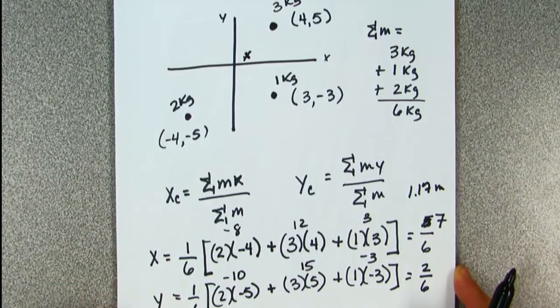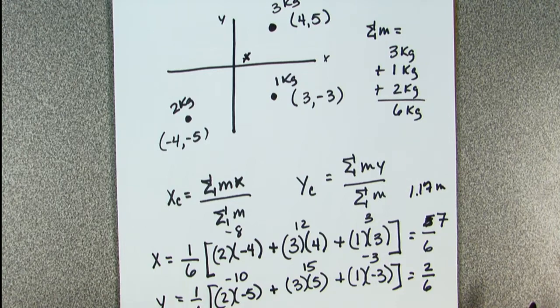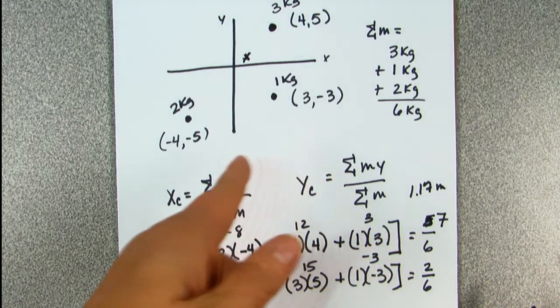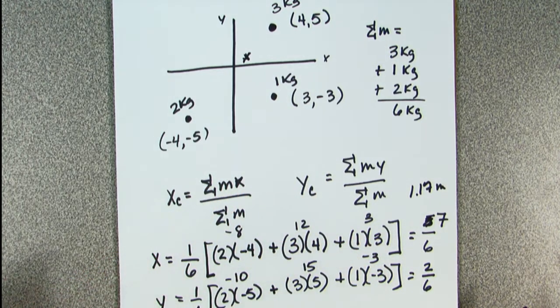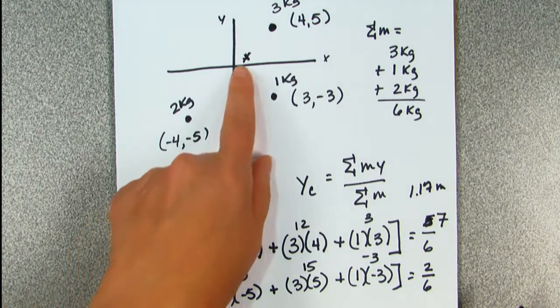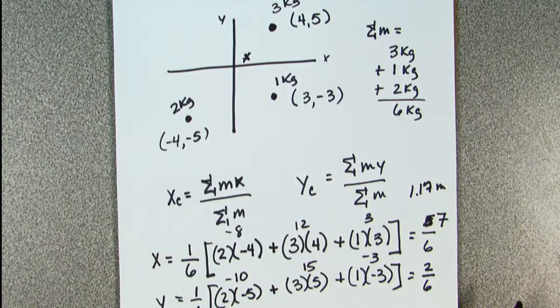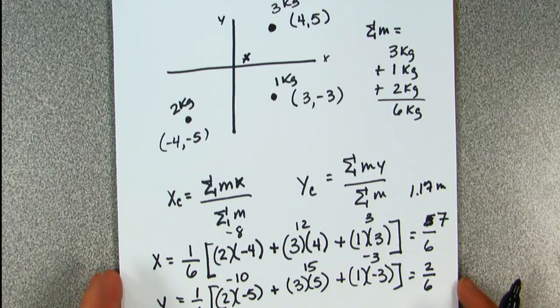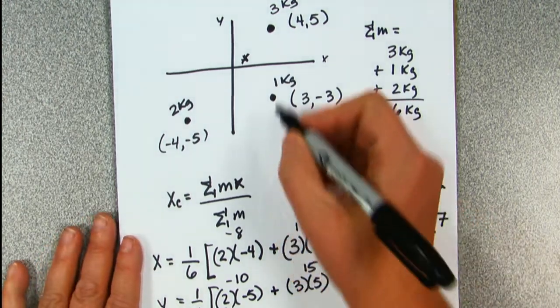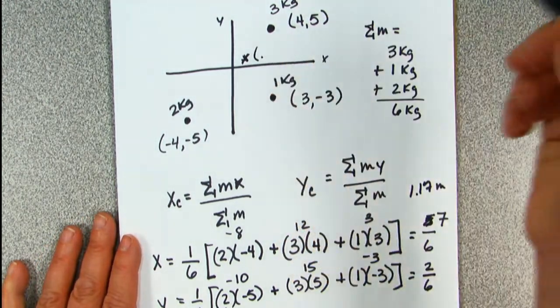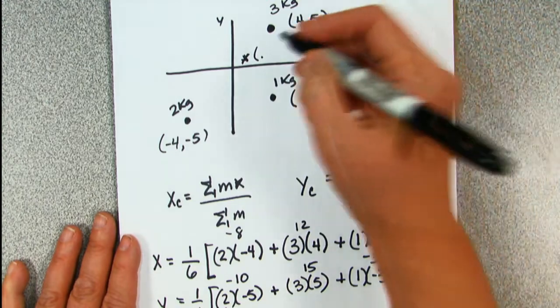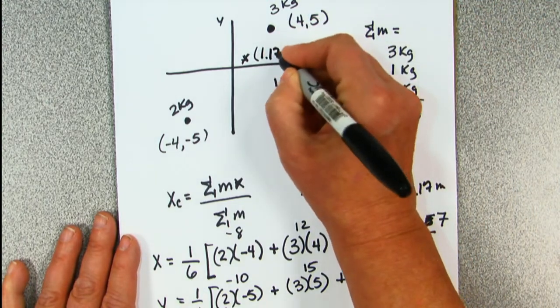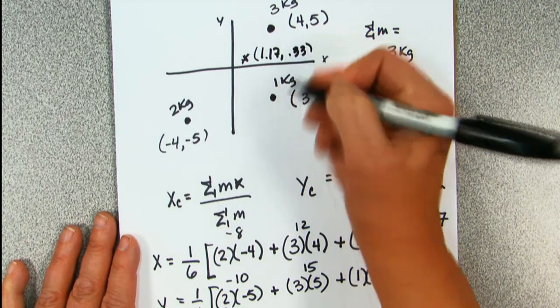I don't have it to scale, right? I don't have it perfect. But my center of mass is going to be right about there. So my center of mass is going to be at 1.17, .33.